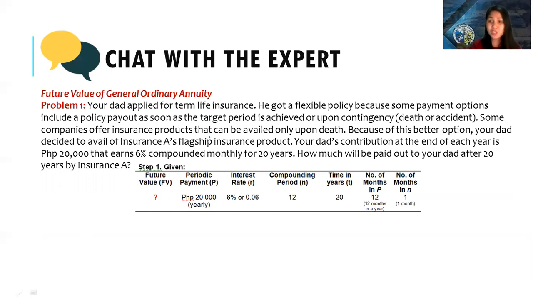Because of this better option, your dad decided to avail Insurance A's flagship insurance product. Your dad's contribution at the end of each year is 20,000. That is the periodic payment that earns 6%. That's the rate, compounded monthly.